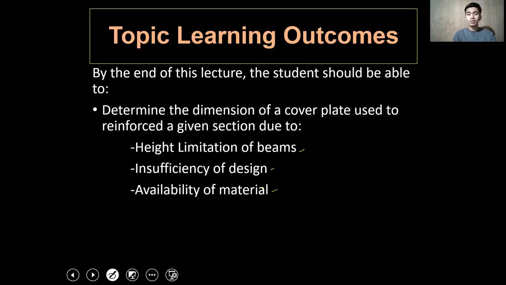So how are we going to supplement the design now of your I section? One way is for you to attach now cover plates to your I section. So either you attach cover plates both on the top and bottom flanges now of your I section.